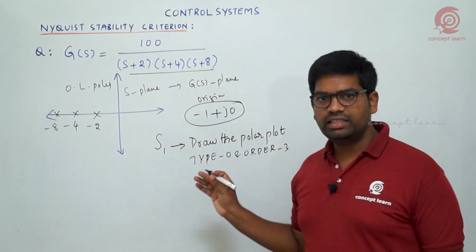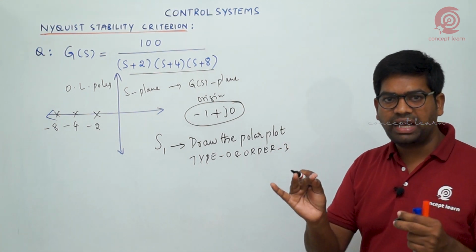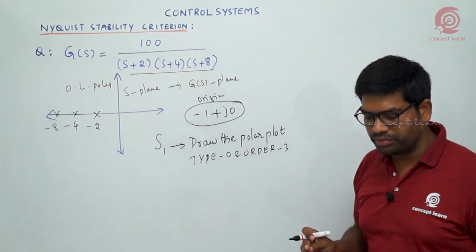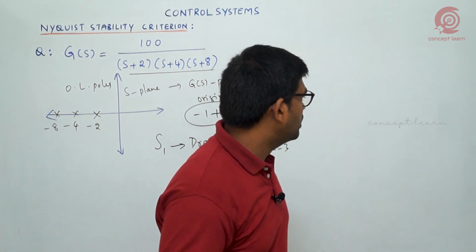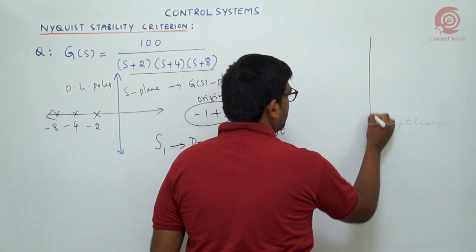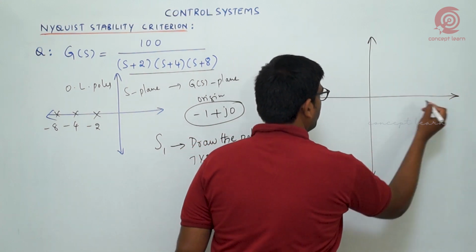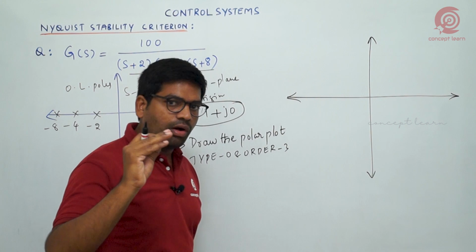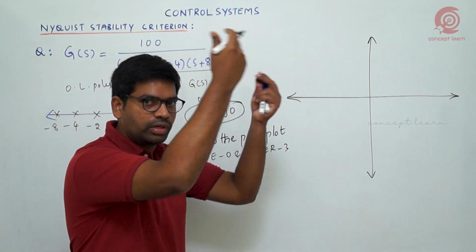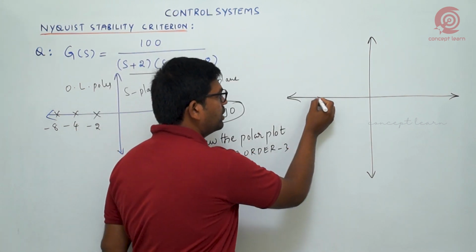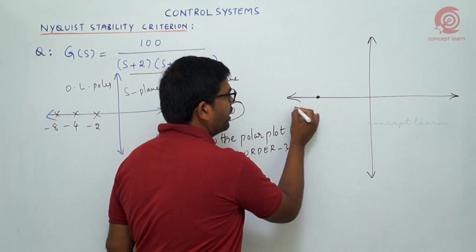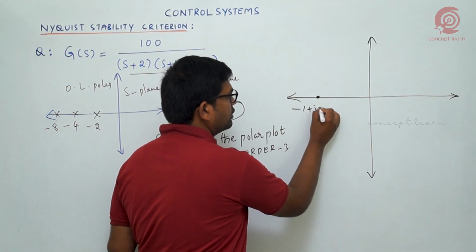So we can easily draw the S1 path by using that simple shortcut, by observing the starting point and ending point. Here I am mapping all the S-plane points towards the G(s) plane, towards this critical point -1 + j0.